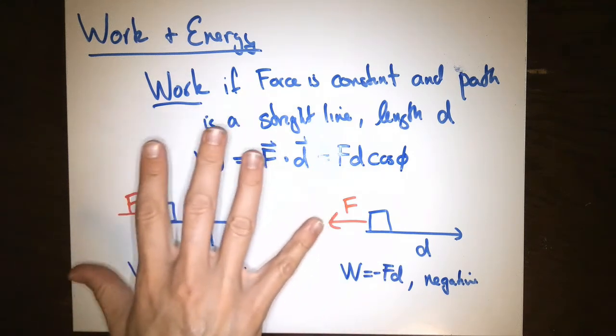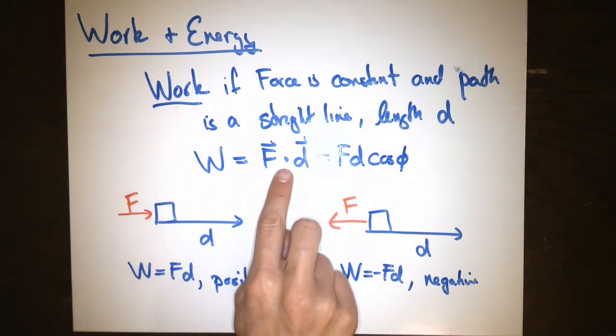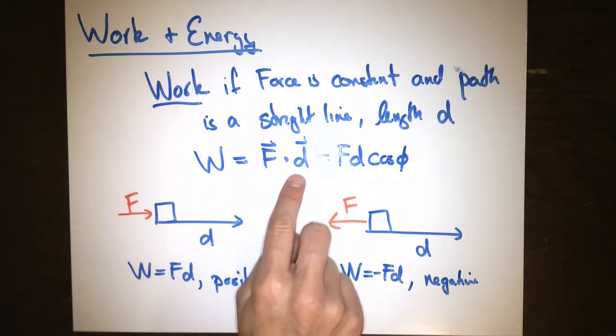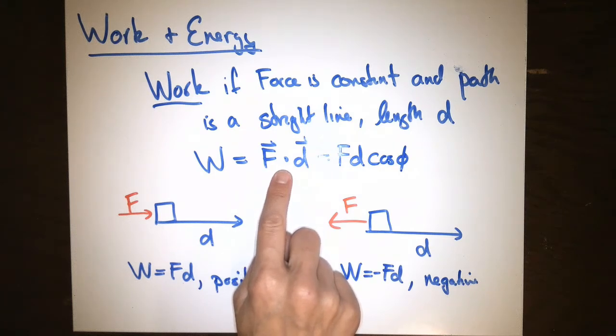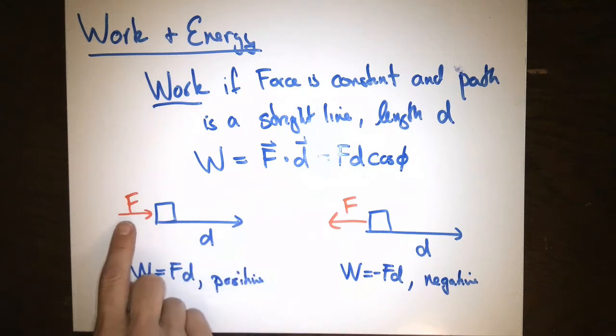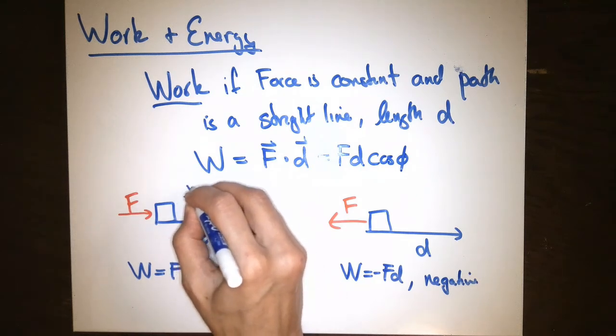So that's kind of what work is doing, and that's also why we needed the force and the displacement to be parallel, why we had to use the scalar product, because it's pulling out the parallel pieces. Because if it's going from here to there, then its velocity must be this way.